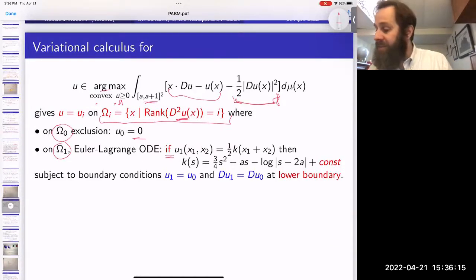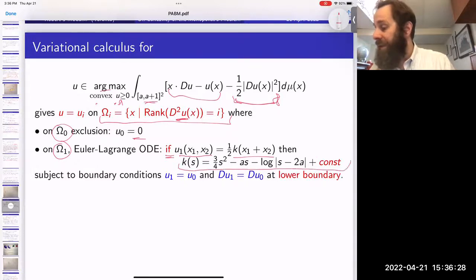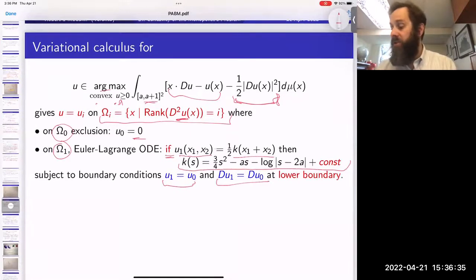If you make the assumption that U is this kind of symmetric function of x1 plus x2, so that it depends only on where I am along the diagonal, then the ODE basically gives you the form of that function K. And the boundary conditions are that both the value of the function and its gradient have to agree with the 0 function at the lower boundary.